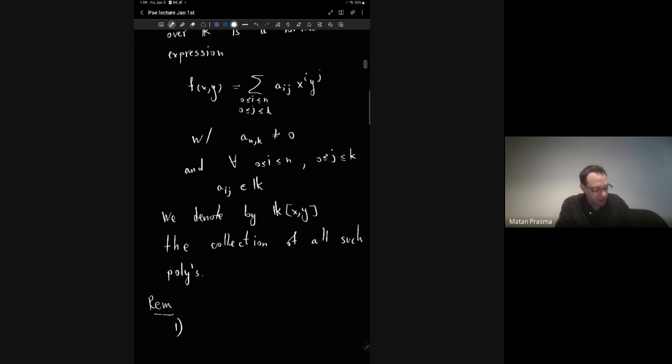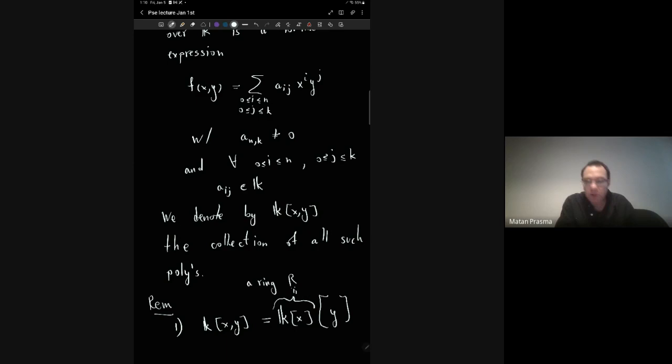So in fact, K[x,y] is simply equal to this: you take K and you look at polynomials in one variable over K. This is a ring, let's call it maybe R. And then you can look at polynomials over R with a new variable y.